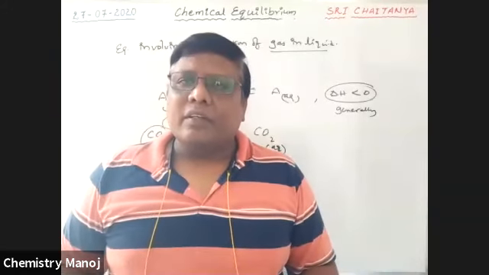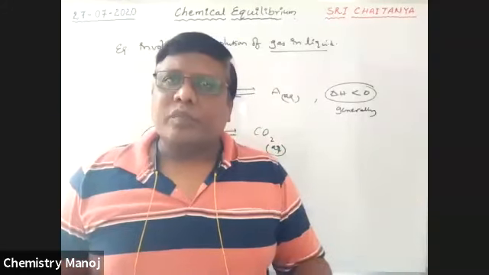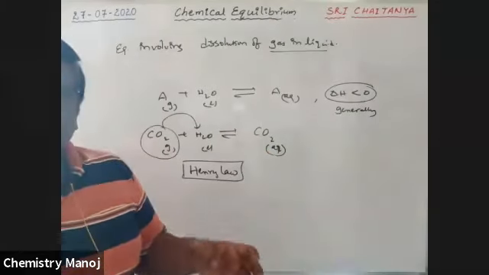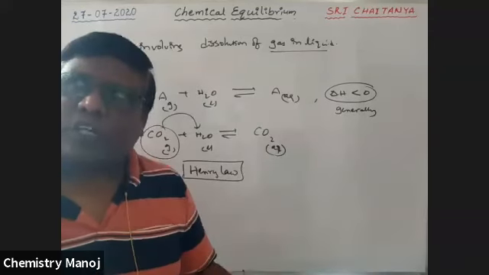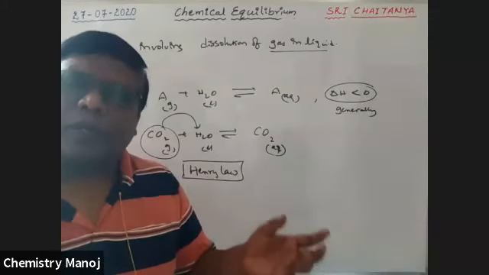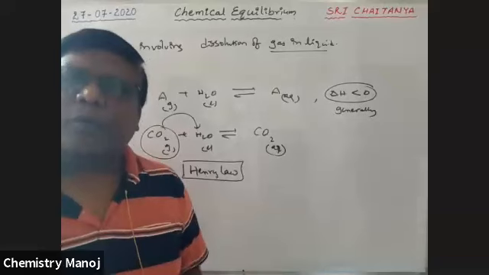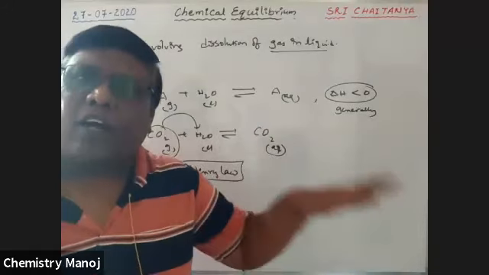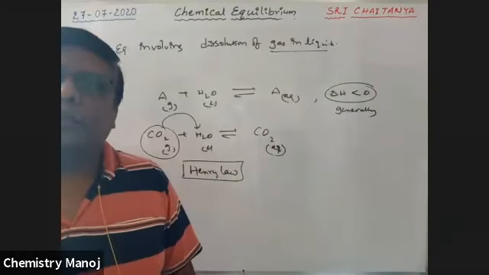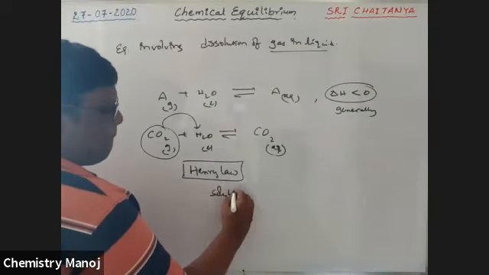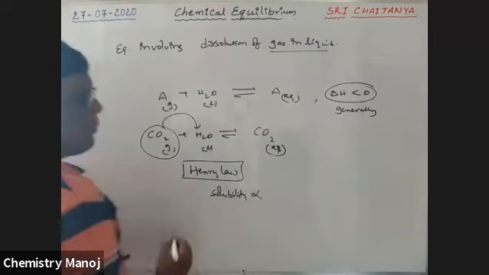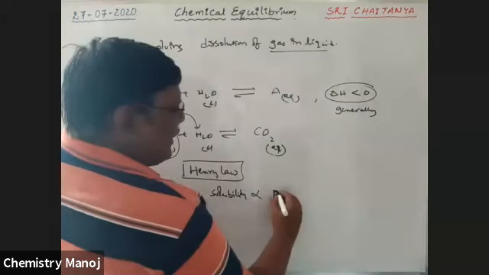That means the quantity of gas dissolved in water is directly proportional to the pressure applied by the gas. Therefore, solubility is directly proportional to the pressure of the gas.